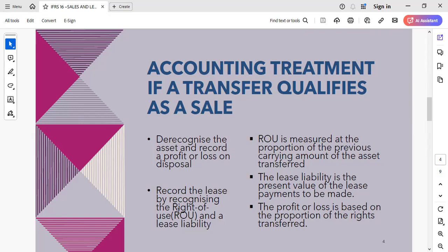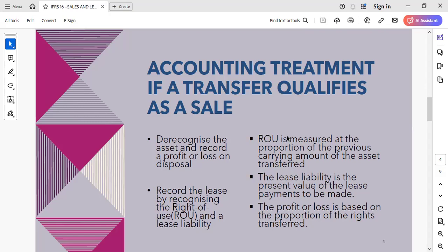This second part, we've already dealt with it in the initial video, which you could go and have a look at. But in these 2 steps involving the accounting treatment, there are 3 things that we have mentioned: the concept of the right of use, the present value of the lease liability, then profit or loss on disposal.